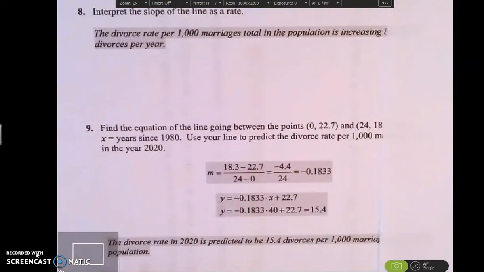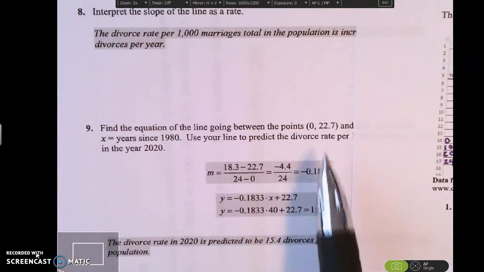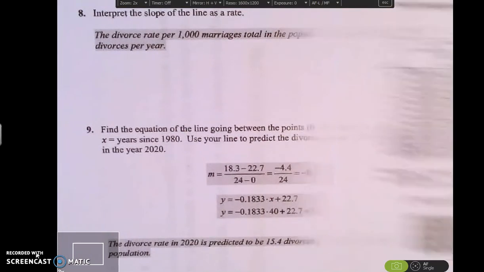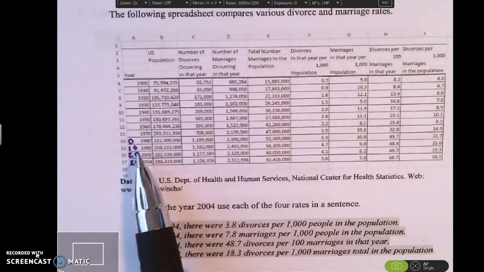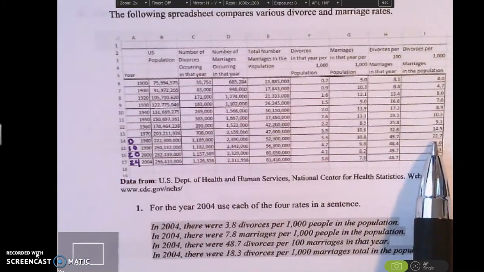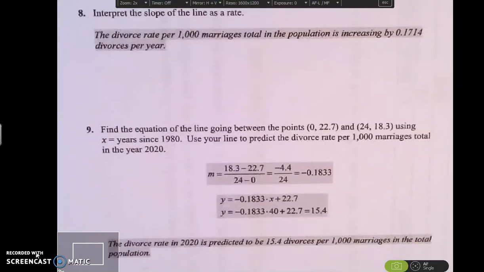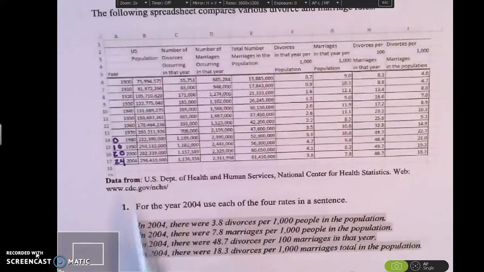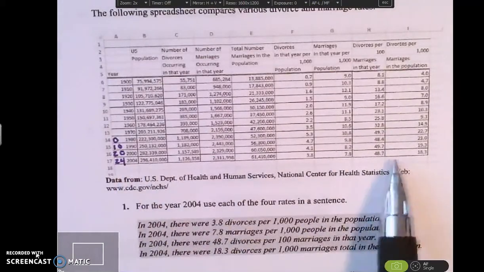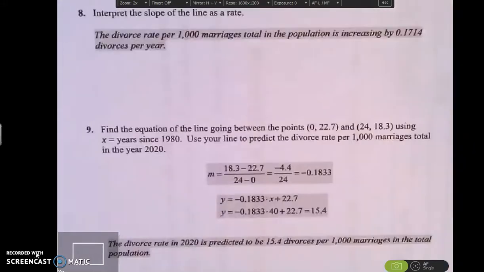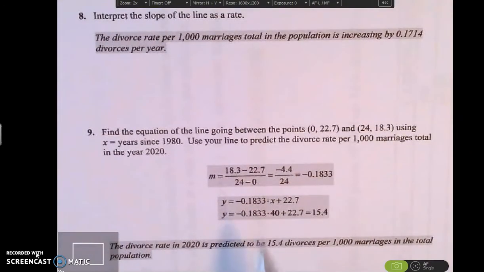So when I'm talking about the values of (0, 22.7), I'm looking at the 0 and the 22.7. And the other value I'm looking at is (24, 18.3), so I'm looking at the 24 and 18.3. And we're talking about divorces per thousand.